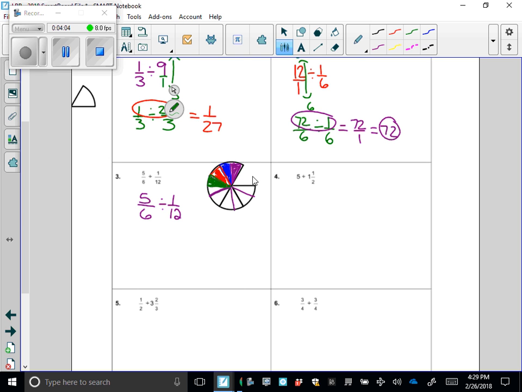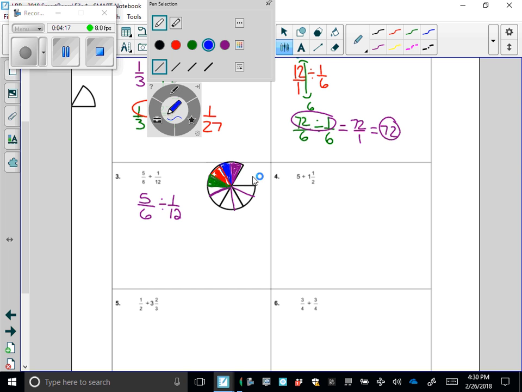So if we continued on in that way, and we can verify it with the algorithm, in the end, we're going to have 10 slices. Because there's 5/6, and each slice has 2 slices in it.